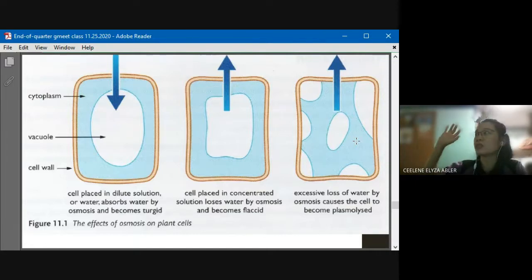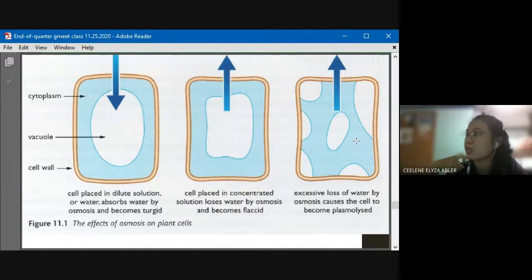Remember, the moisture in the air during El Nino is very low, so water is actually moving out of the cell of the plant to be dissolved into the atmosphere. So the transpiration rate is faster during the hot season.